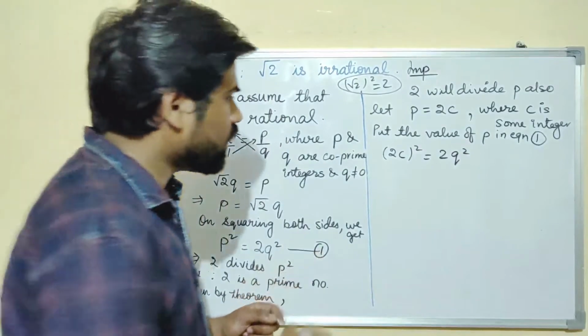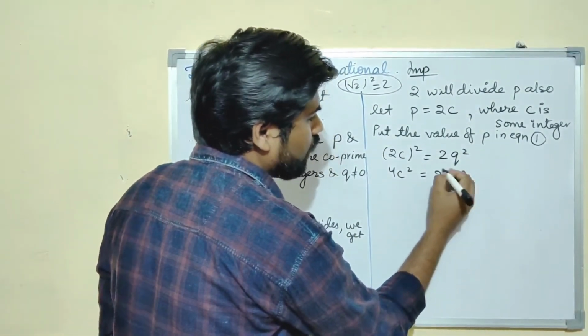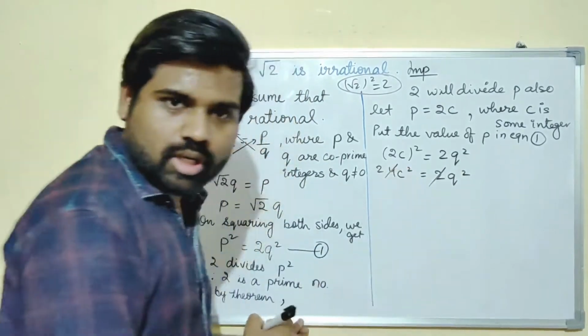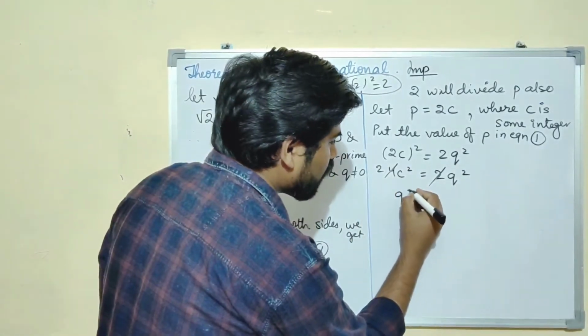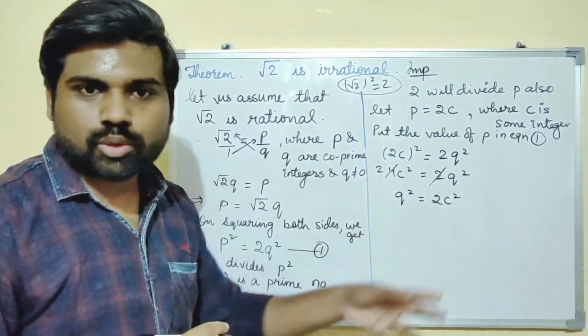Let us solve this. We'll get 4c square equals 2q square. 2 times 2 is 4. You will get q square equals 2c square. Write it like this, q square equals 2c square.